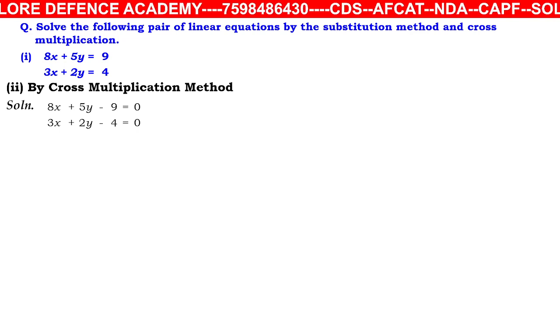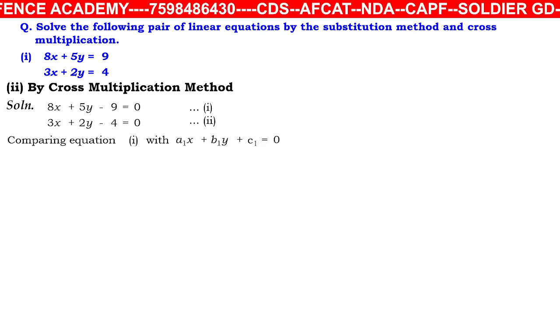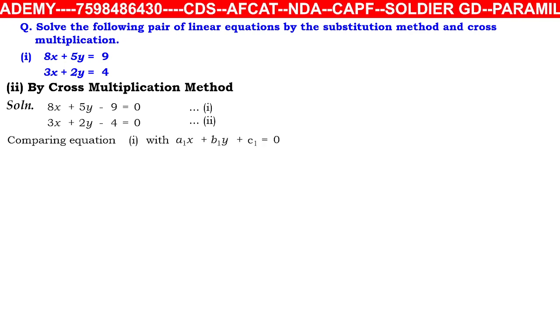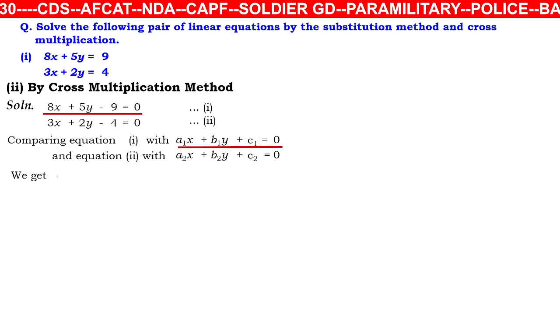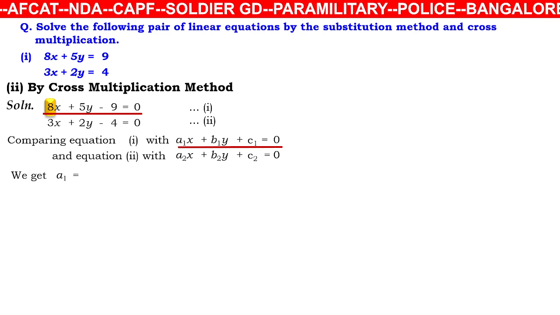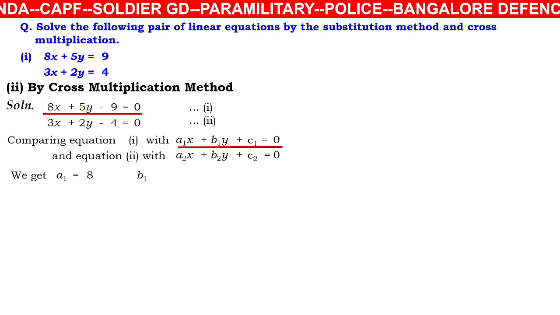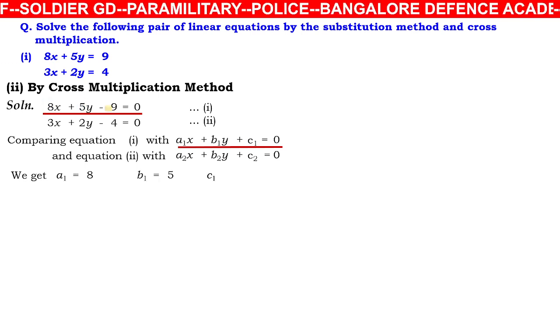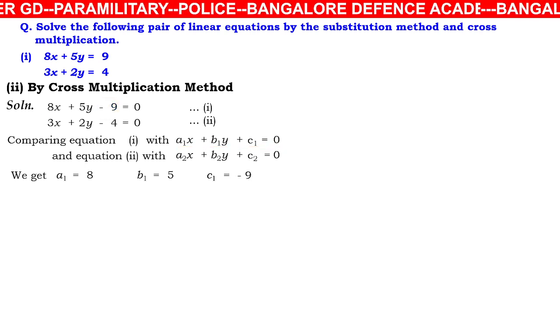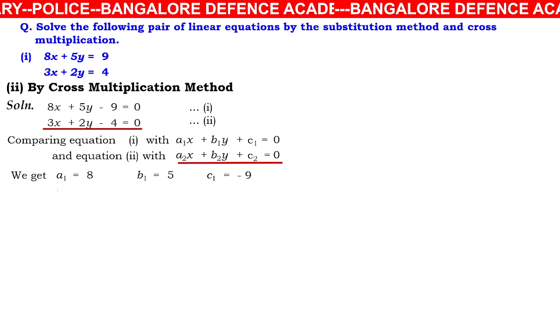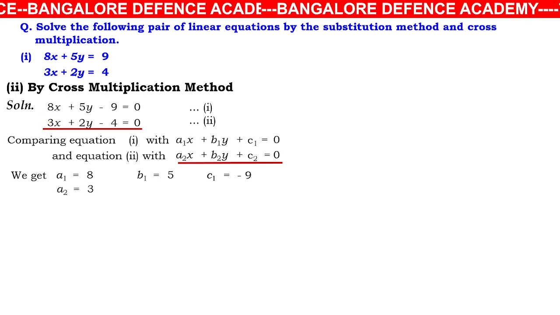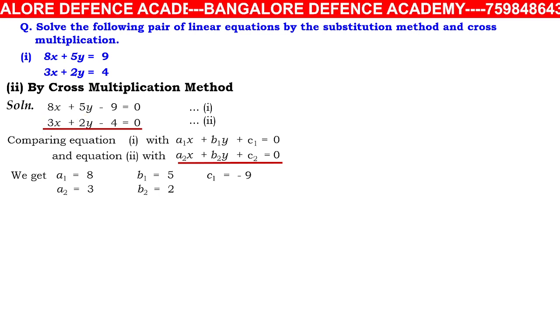First you take the equation in the form a1x plus b1y plus c1 is equal to 0. Look at this: a1 is equal to 8, b1 is equal to 5 and c1 is equal to minus 9. You have to be careful with the minus sign here, minus 9. Next, in the second equation you get a2 is equal to 3, b2 is equal to 2 and c2 is equal to minus 4.